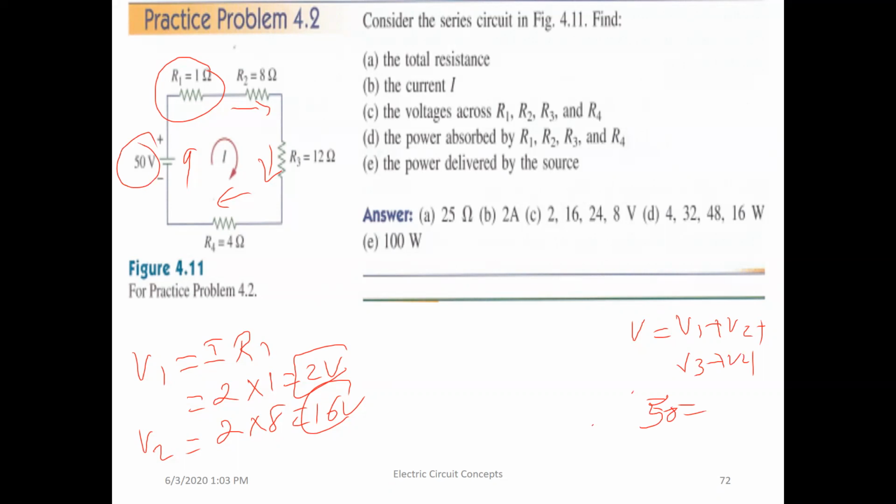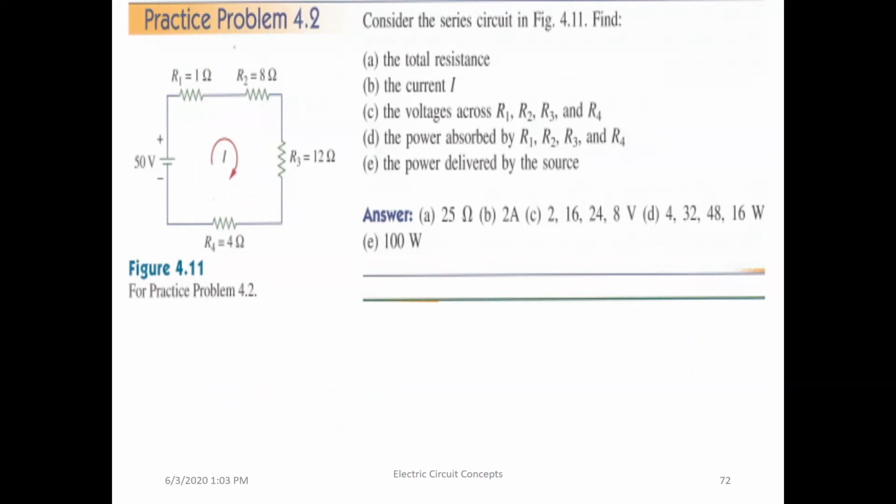Now, the last one: how to find the power delivered by the source. I want to explain the difference between the power delivered by the source and the power consumed by those resistors. Whenever there is a power supply, we can get power out of it.